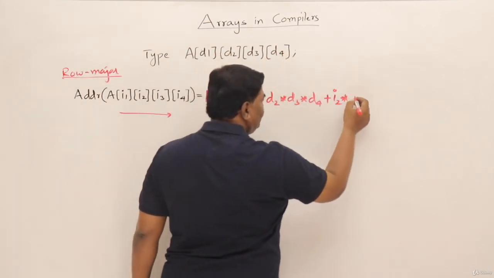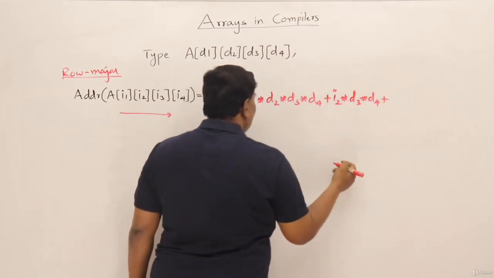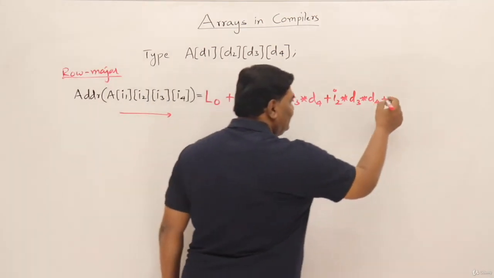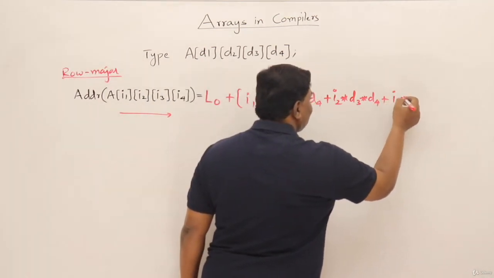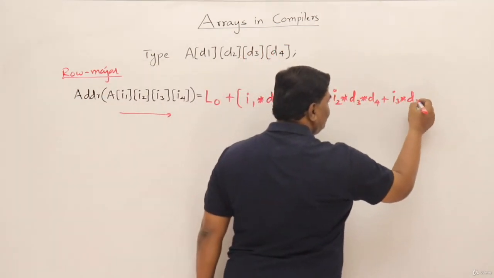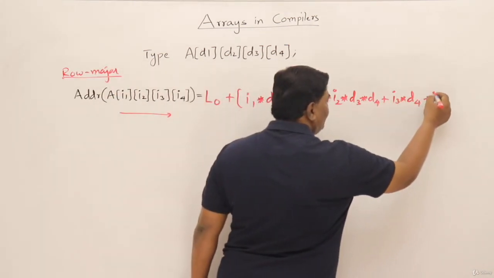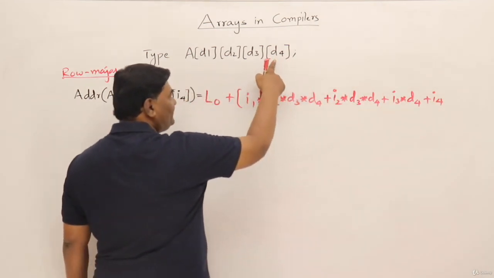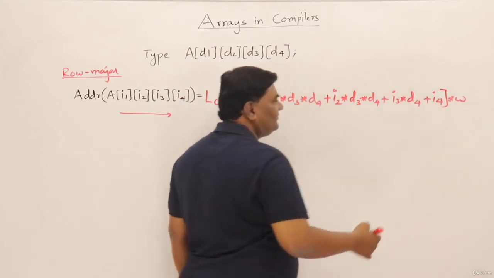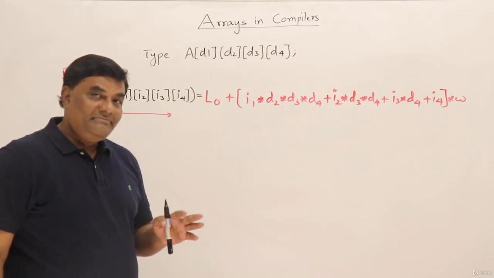So this is D3 into D4. The next is the third index, I3, multiplied by all dimensions after the third dimension. So only D4 is there. Then plus, last I4, the fourth index. After the fourth dimension, nothing is there, so multiplied by W.